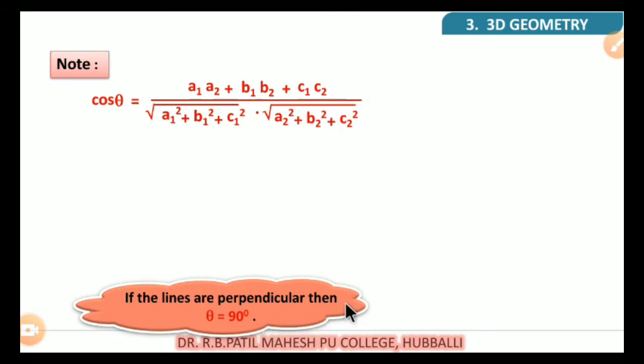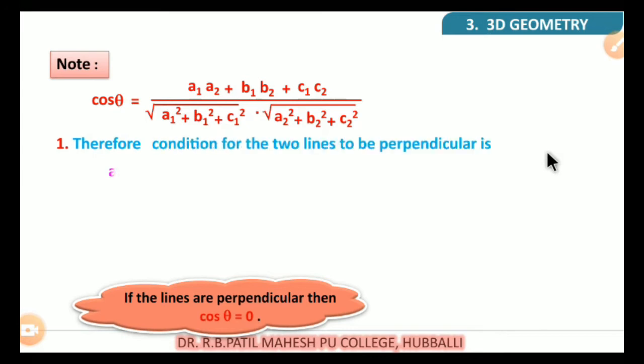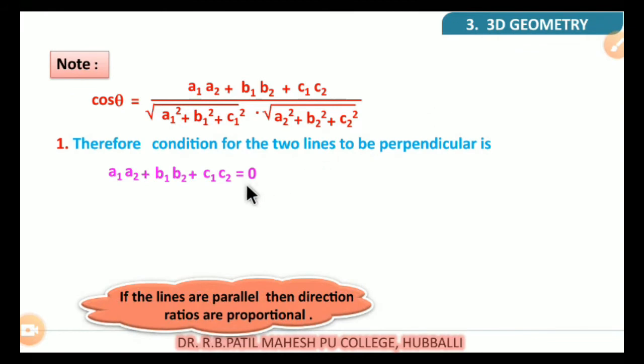If the lines are perpendicular, then theta is equal to 90 degree. Therefore, cos theta becomes cos 90. So cos theta is equal to 0. Therefore, condition for the two lines to be perpendicular is a1 into a2 plus b1 into b2 plus c1 into c2 is equal to 0, because cos theta becomes already 0.